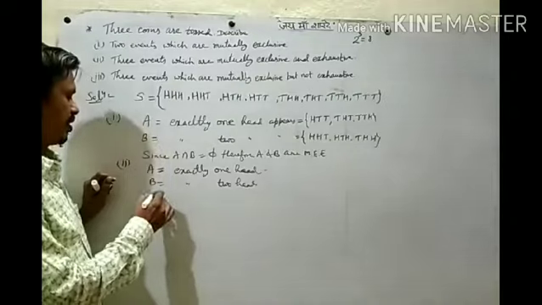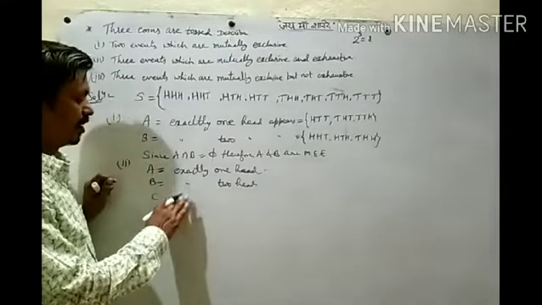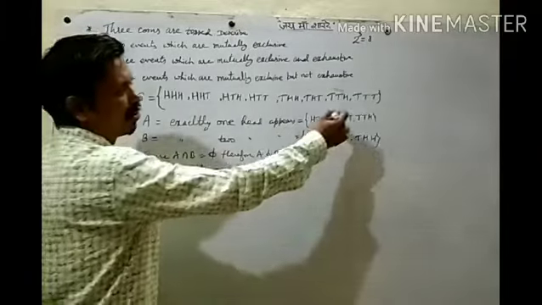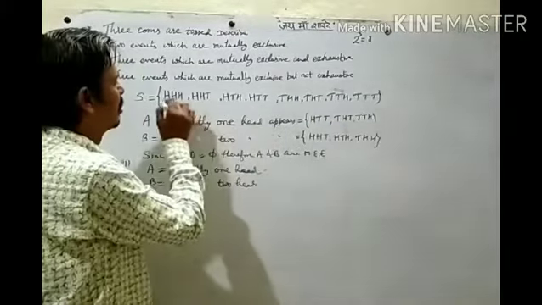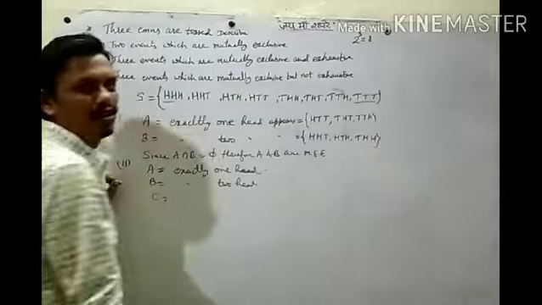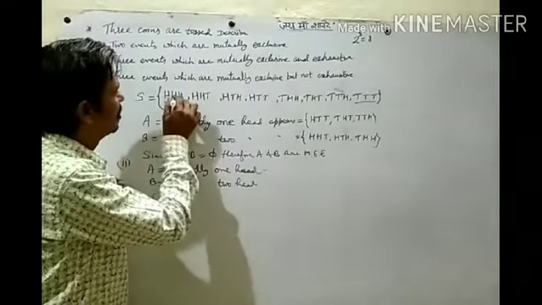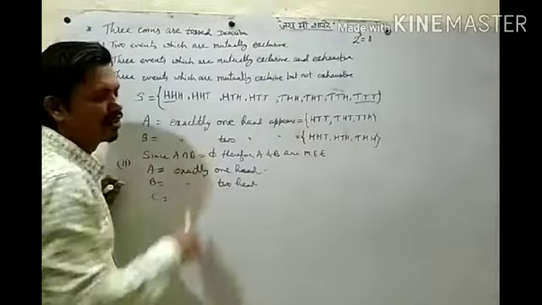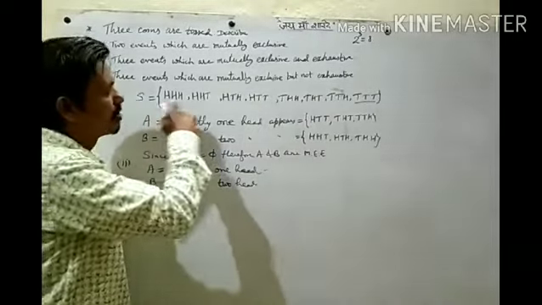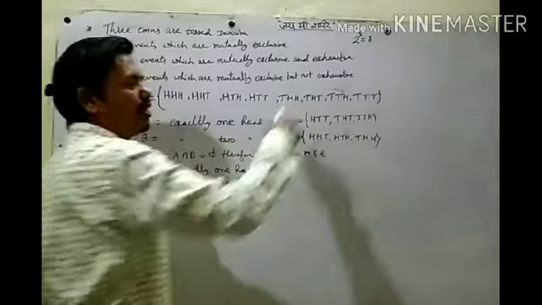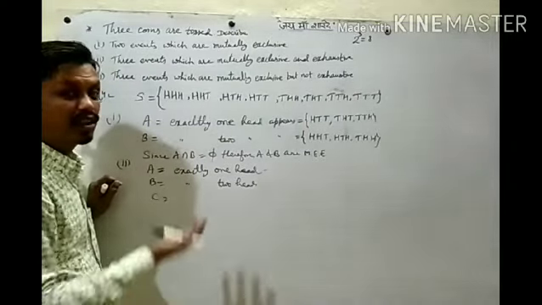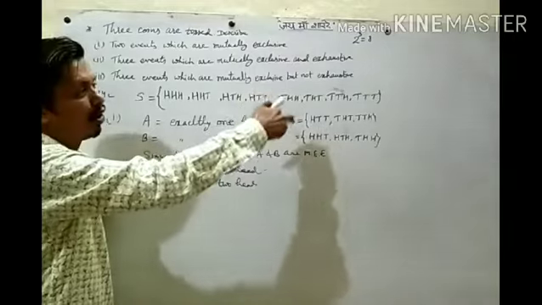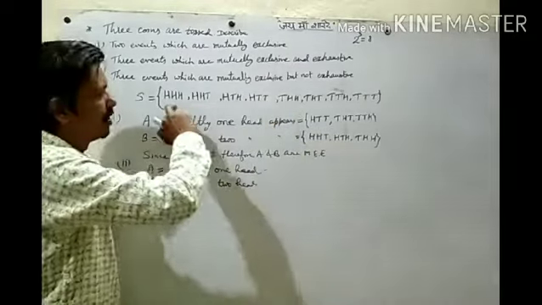Now what should be event C? One more thing, the union should be the complete sample space. So here all 6 elements came, and these are remaining: HHH and TTT. What can we say for these events? What do these 2 elements show? All 3 heads come, or all 3 tails appear.